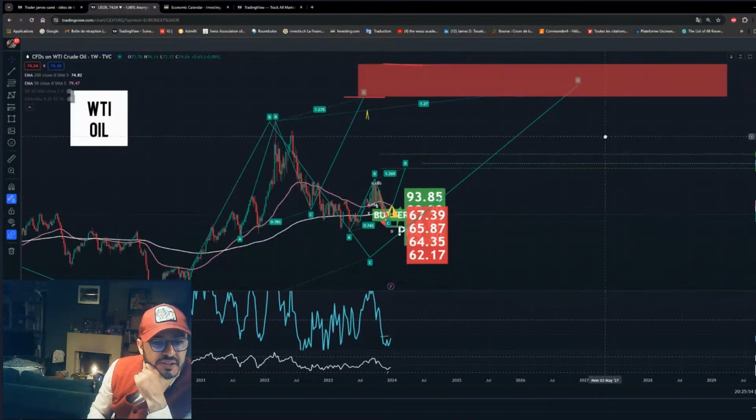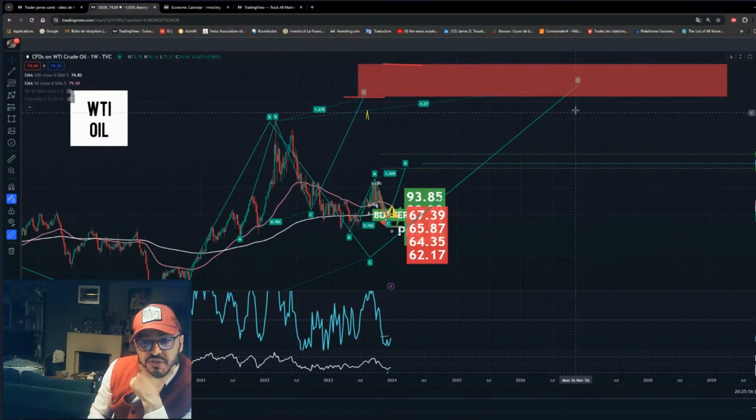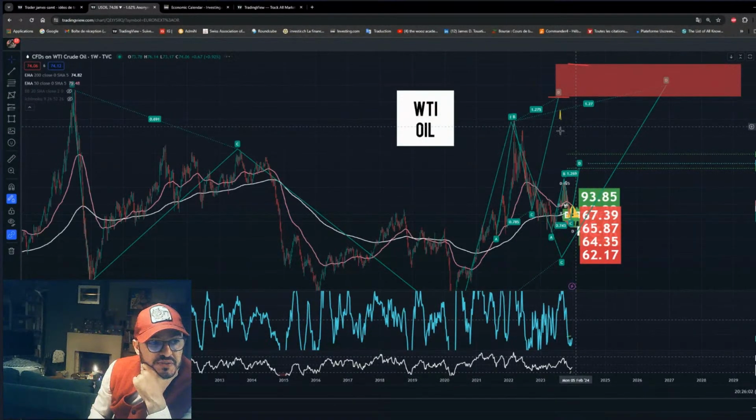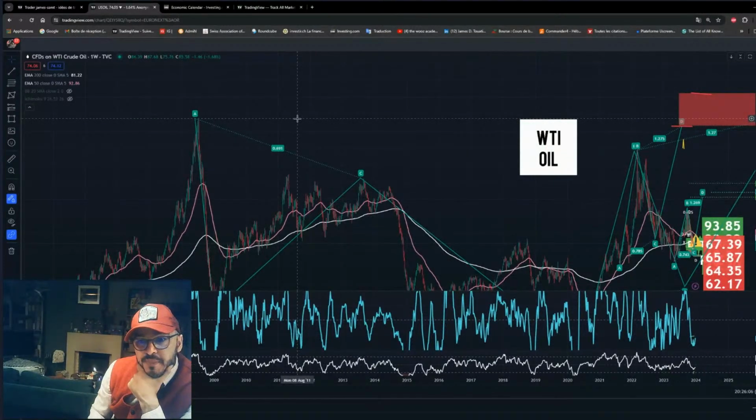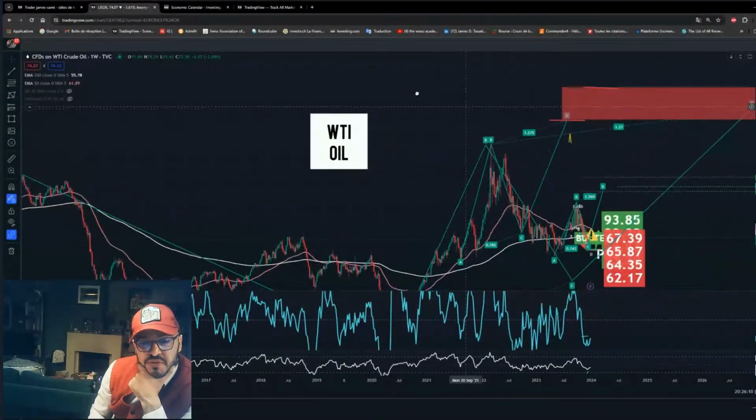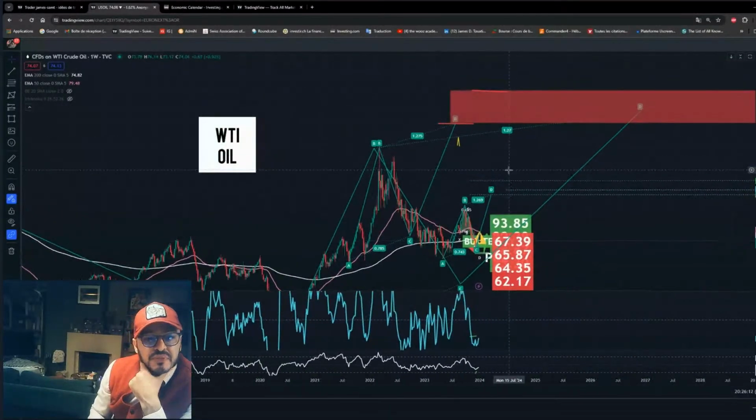Voila. And then look, we can reach this level. I know it's crazy, huh? But we can reach 142. It's not so crazy because we have an ATH here at 147. So 142 is possible, and even more here, 162.